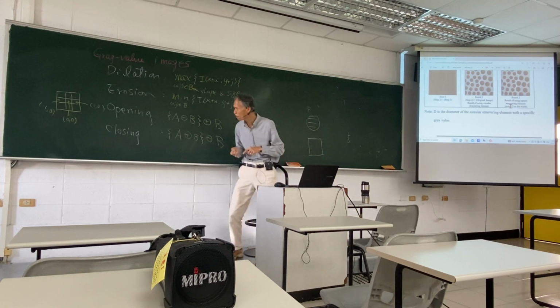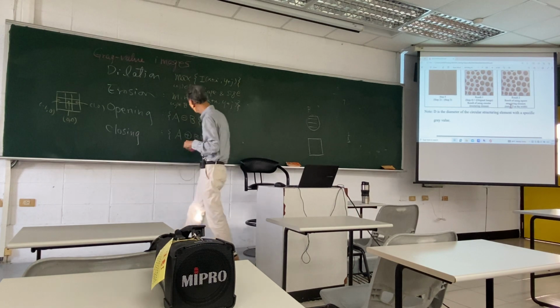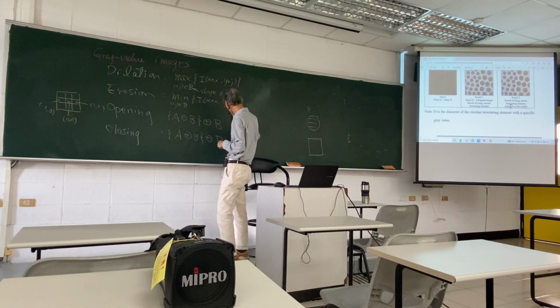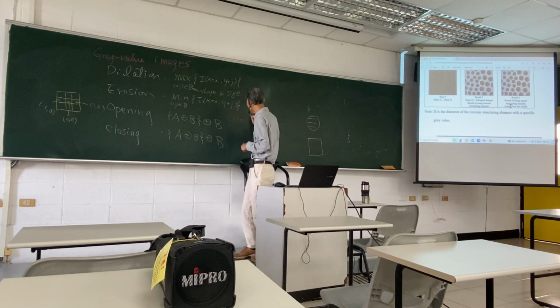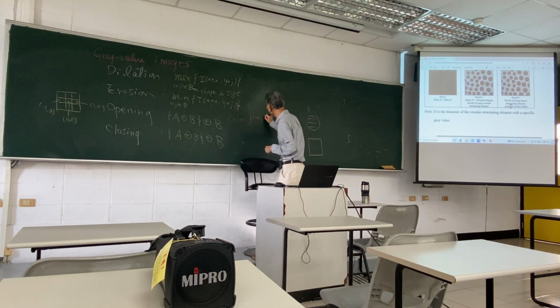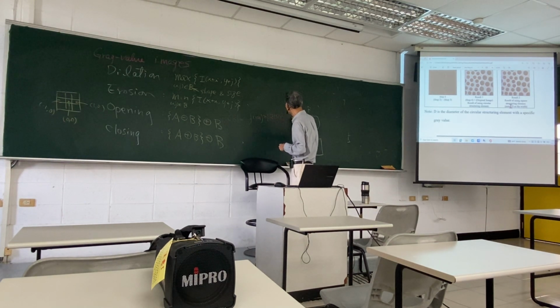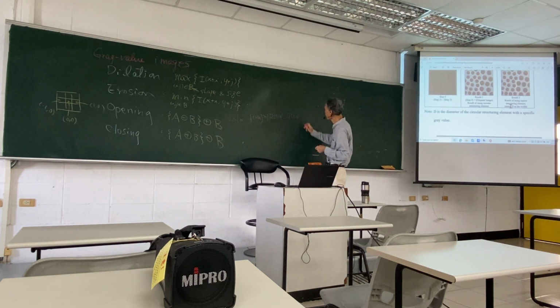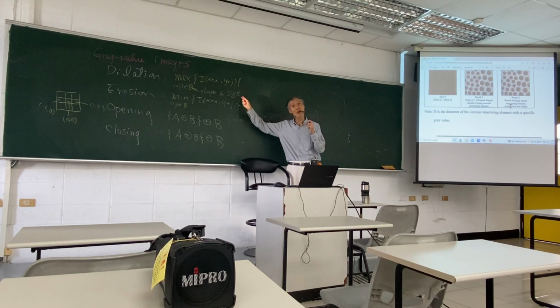Have you ever thought, if you have a color image f(x, y) containing R, G, and B, how to find the maximum? I mean, for dilation, you try to find the maximum.